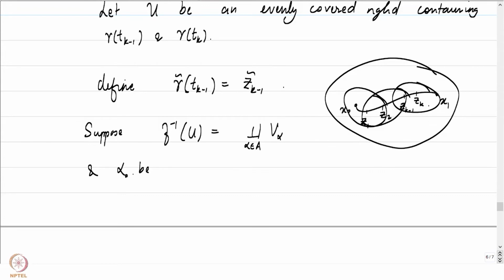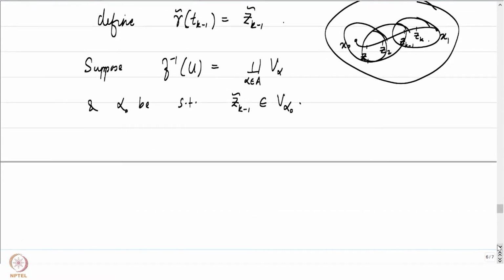They are not the same as the U's and V alphas earlier, nor is the alpha naught. But for the sake of keeping consistency with the notation, let me just stick to it. And now we fix this V alpha naught and let phi from V alpha naught to U be the inverse of F restricted to V alpha naught.